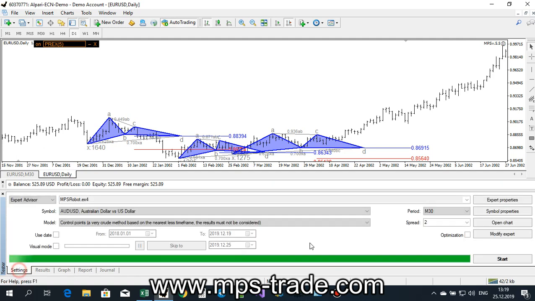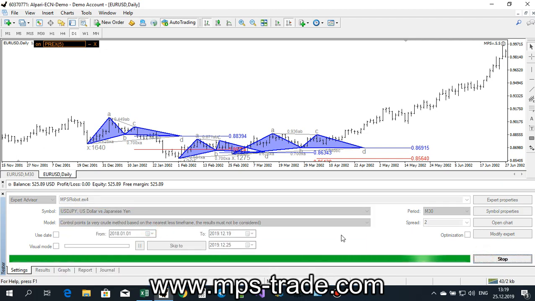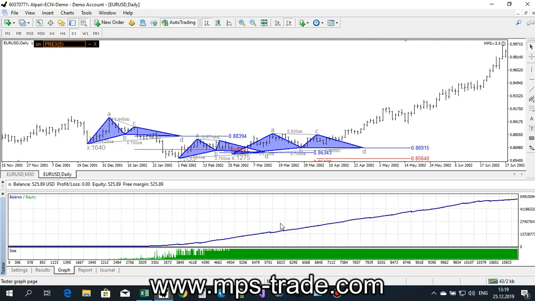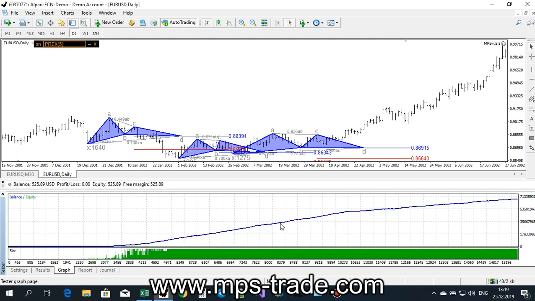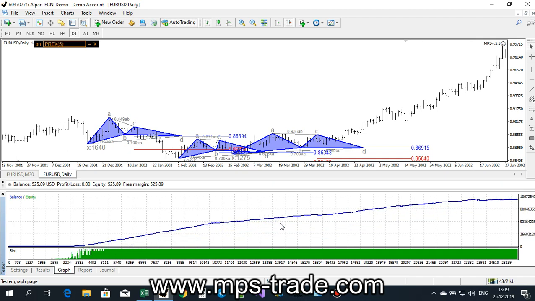What else? Maybe you are interested in dollar yen. Same stuff. Again, the graph is rising, and the numbers are identical. So I love those patterns that work identically on all pairs.